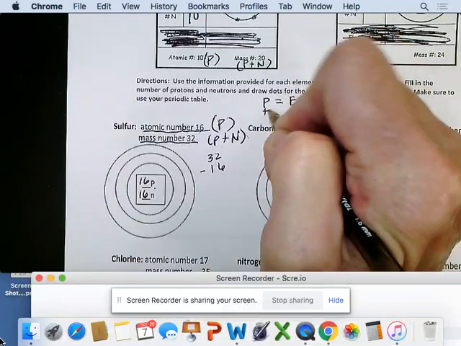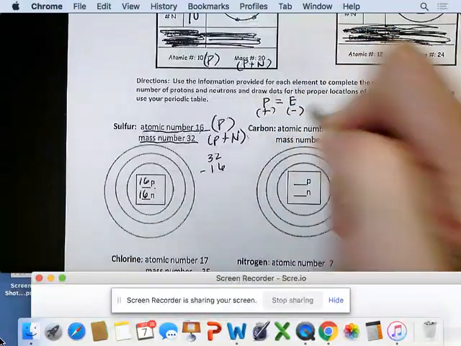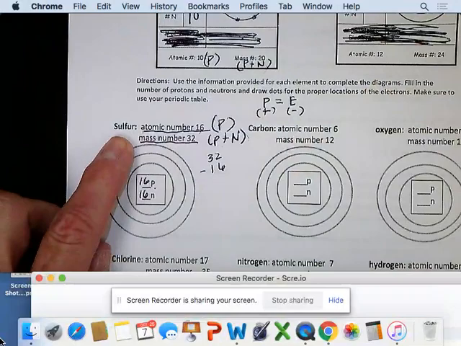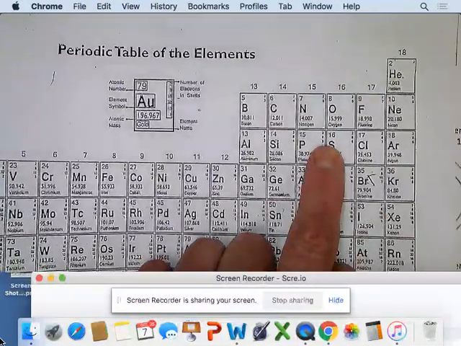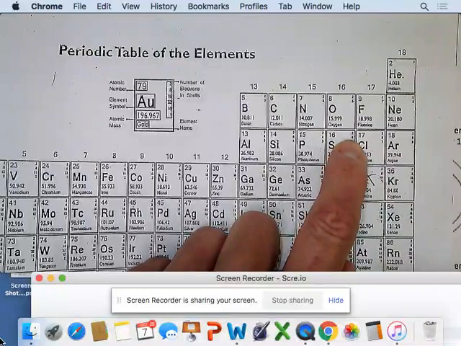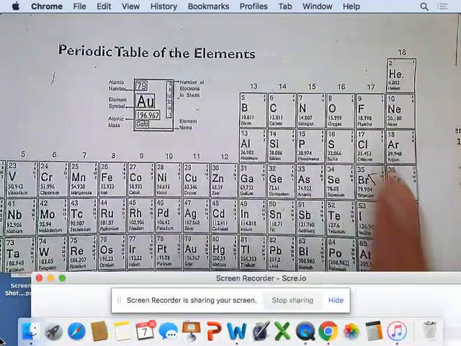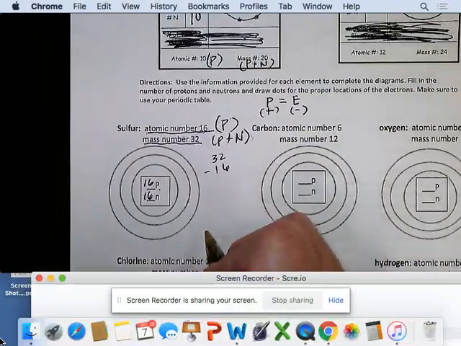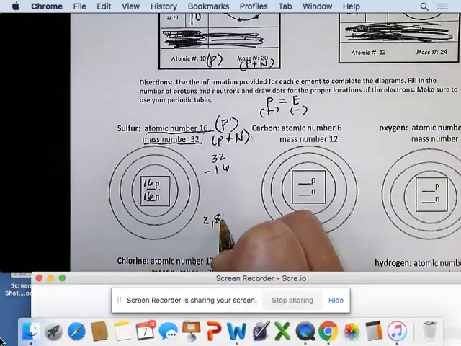Our positives will equal our negatives. And we go to the periodic table and find sulfur. Sulfur's right here. It tells us there's 2 electrons in the first ring, 8 in the second, and 6 in the third. So we've got 2, 8, 6.